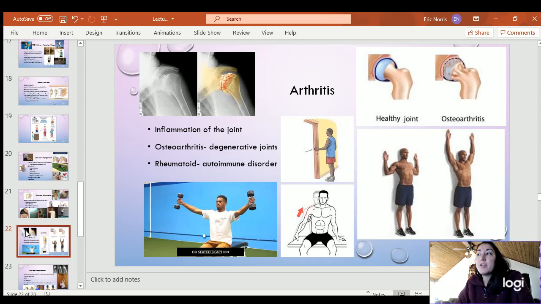Okay, so someone with arthritis, of course we know arthritis is an inflammation of the joint. With degenerative arthritis or osteoarthritis, the joint has begun to degenerate. The chronic inflammation has caused these crevices and craters to develop. So rather than being a smooth joint like it should be, it's rough, rigid.